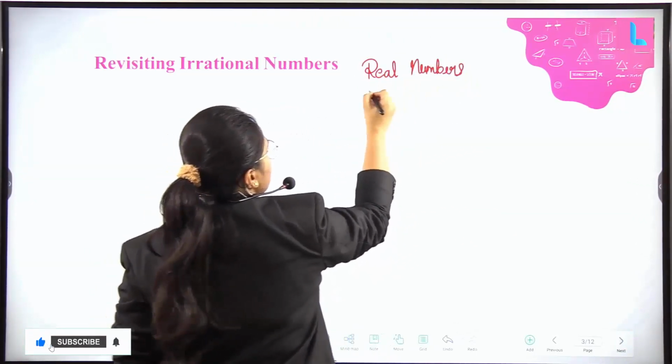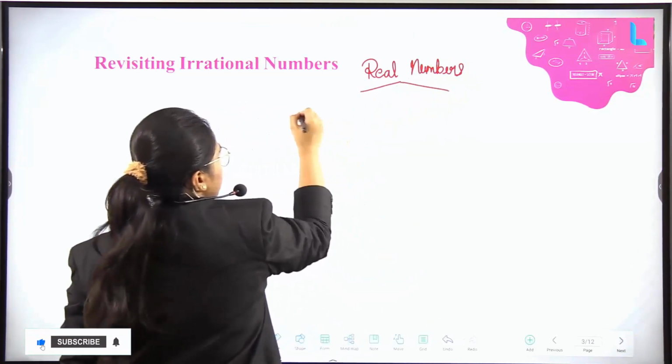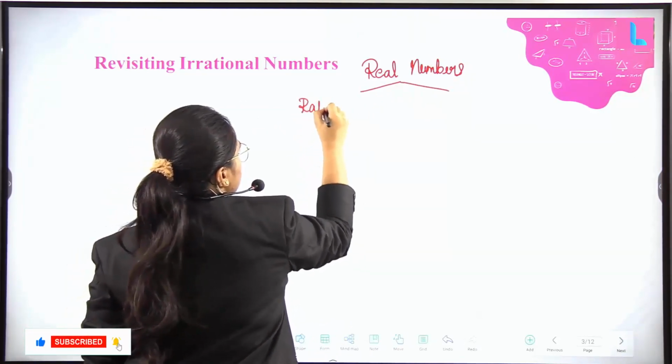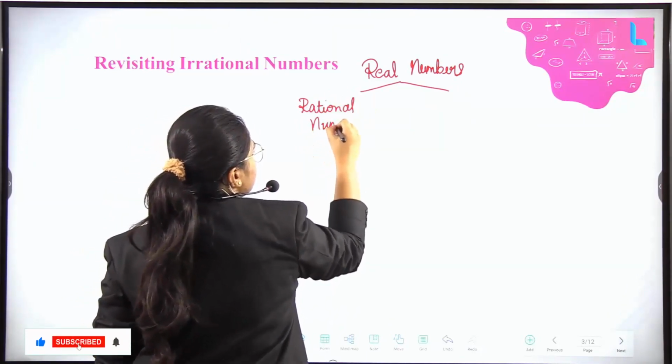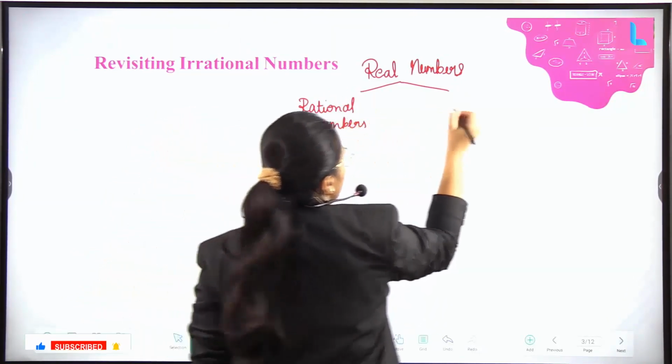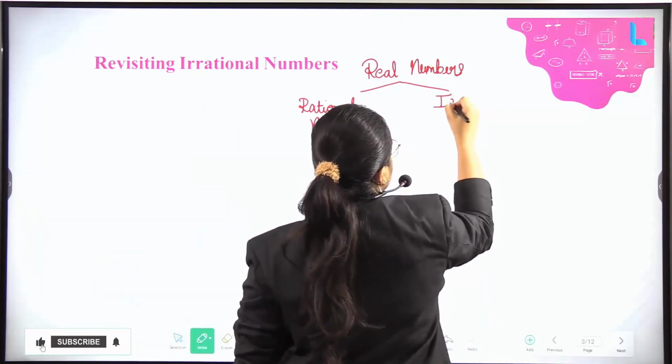In real numbers, as we have discussed earlier, there are two parts: one is rational numbers and the next is irrational numbers.